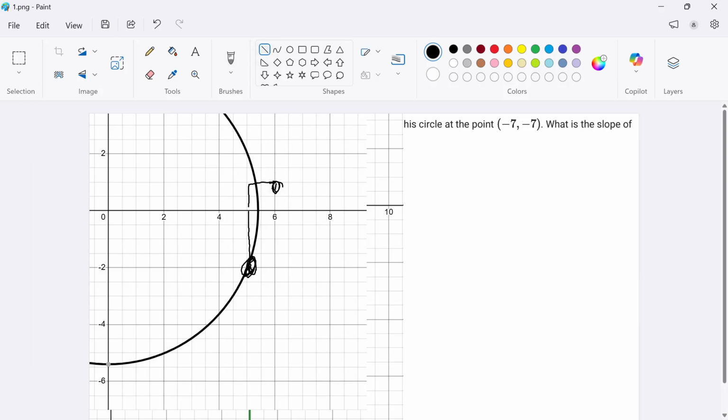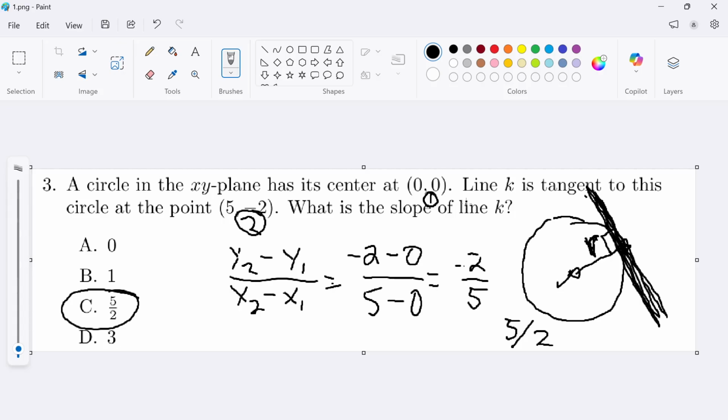And if I draw a line between those 2 points, I can see that it goes into the circle. It crosses the circle at multiple points, not just one point. So that one's too much. 3 is too much. So the answer is 5 halves.